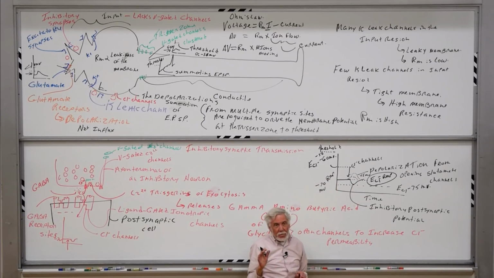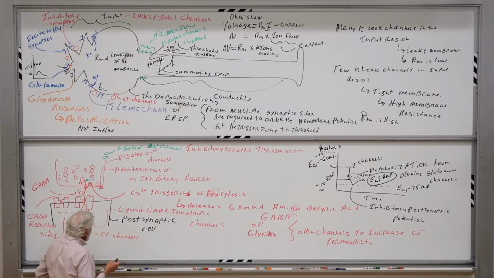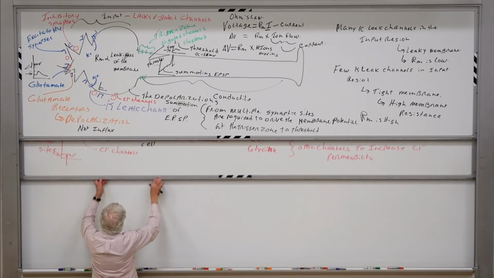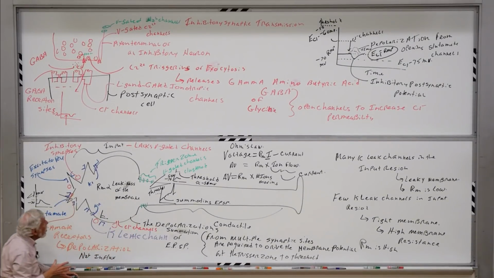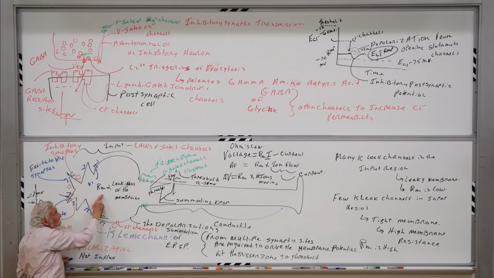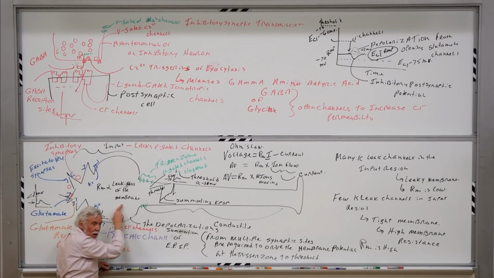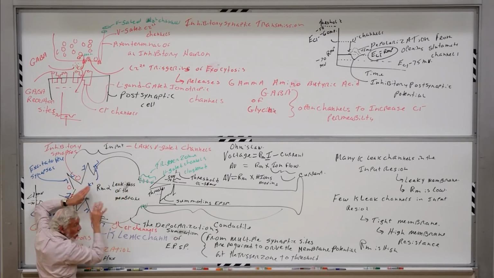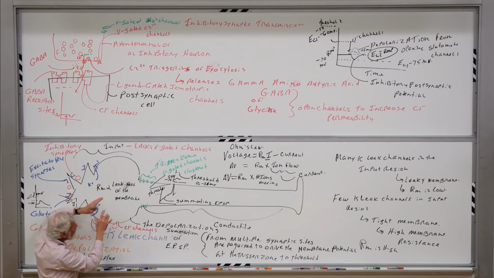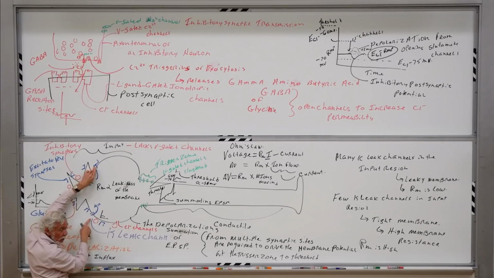It's an important concept. But there's another idea I want to present here, and this comes back to one of the questions about pathology. We described the membrane resistance as being proportional to the leakiness of the membrane. And we emphasized initially that our only leakiness was from the open potassium leak channels.